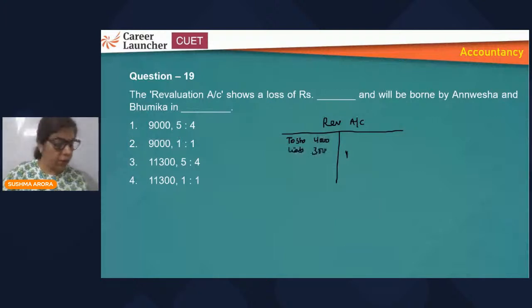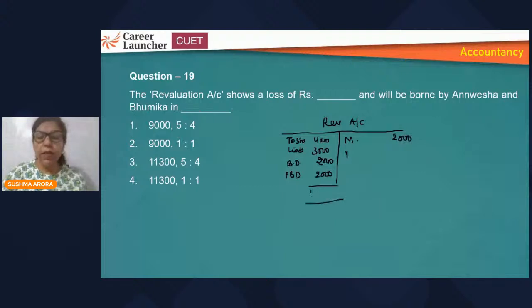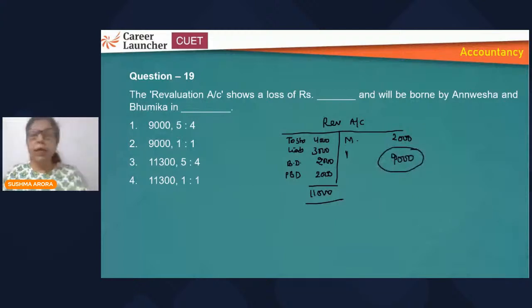Bad debts is increasing by 2,000. Provision for bad debts is also increasing by 2,000. And your machine is increasing by 2,000. Now, see, this side, the total is 11,000 and the loss is 9,000. So first answer 9,000. And in which ratio will they distribute their revaluation loss?